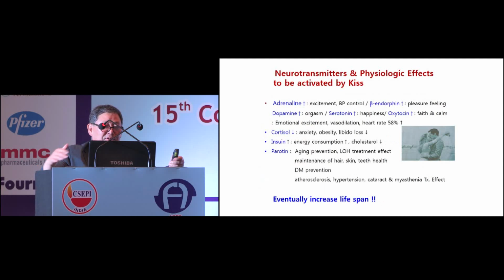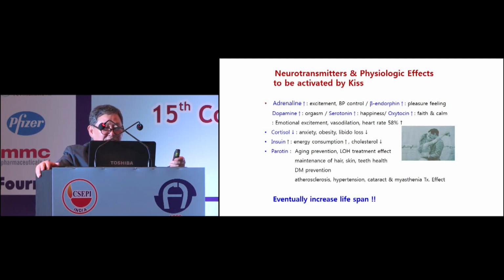This slide shows a lot of neurotransmitters and their physiological effects activated by a kiss. Adrenaline increases, inducing excitement and blood pressure control. Beta-endorphin, an endogenous morphine, also increases, with the effect of pleasure feelings.